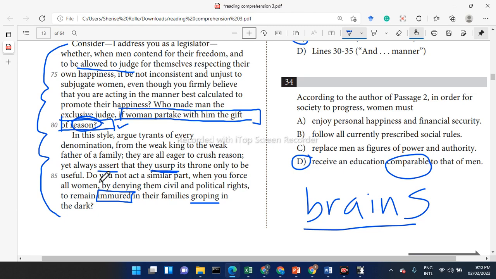They are eager to crush your arguments, or to say that what you're saying doesn't make sense. But they only use arguments if they usurp its throne only to be useful.